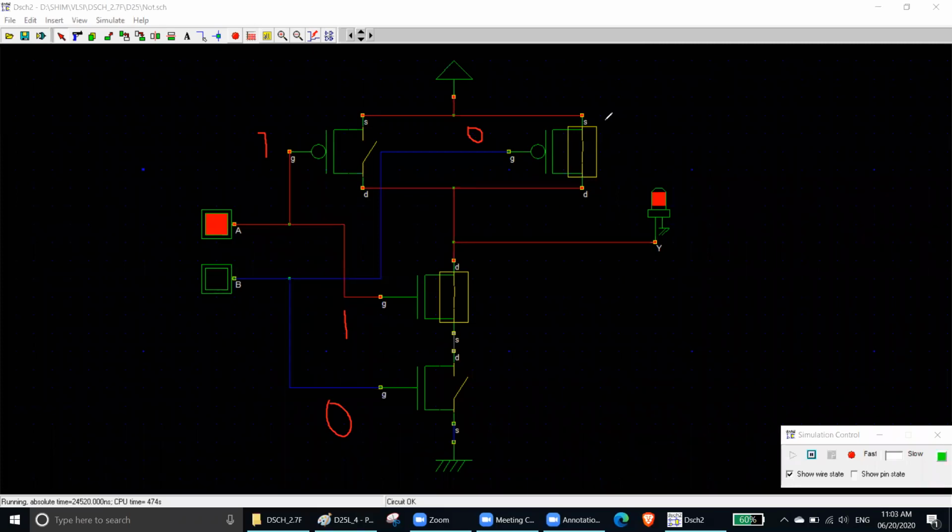At 0, it is on, you already know it. At 1, this is off. At 1, this is on. At 0, this is off, right? So what is happening here? What will happen?